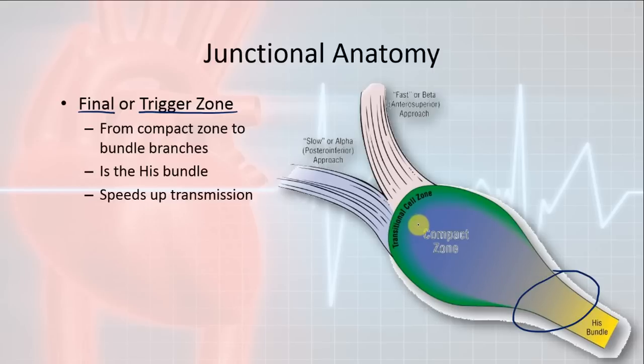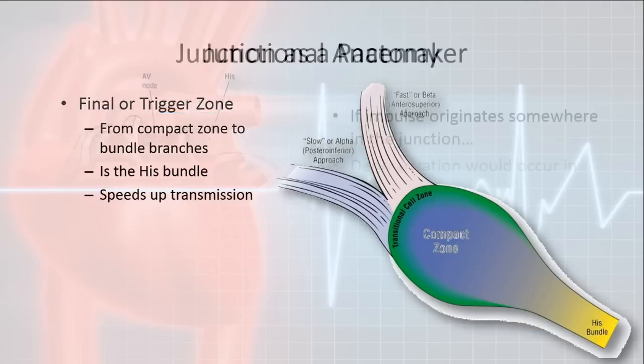This is where, as you remember, the signal is slowed down as it comes to the compact zone to allow for atrial contraction. Once it gets down here to this trigger zone, then the signal speeds up again to depolarize the His bundle, the bundle branches, the posterior and anterior fascicles, and then the Purkinje network very quickly. This is also the place where the His bundle begins and the AV node ends.